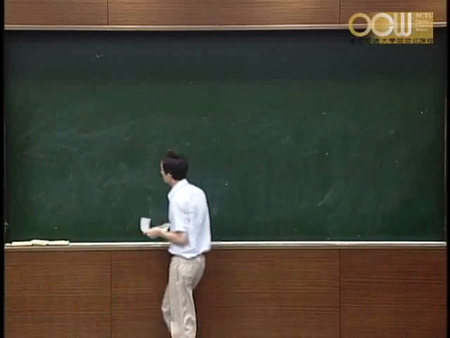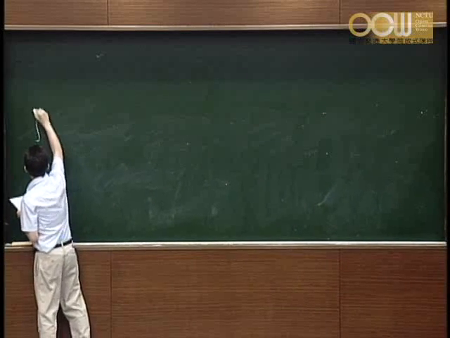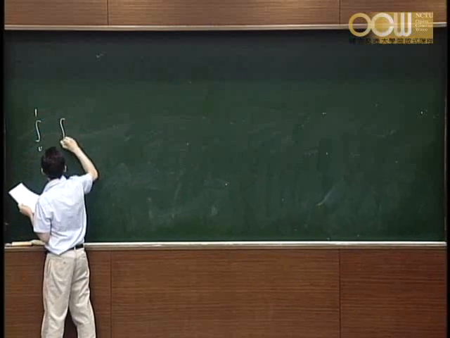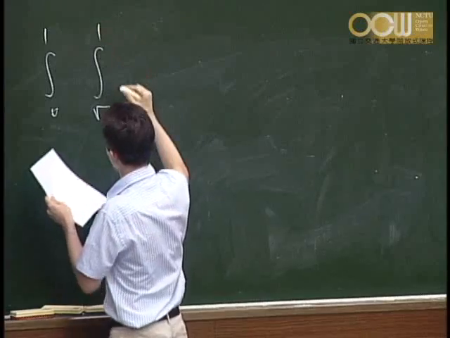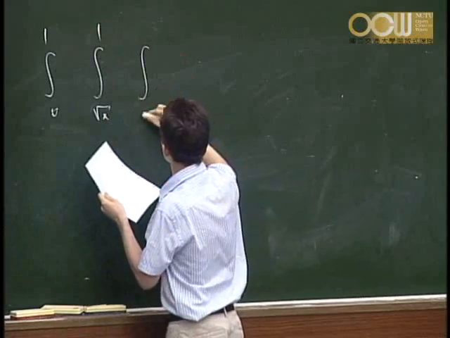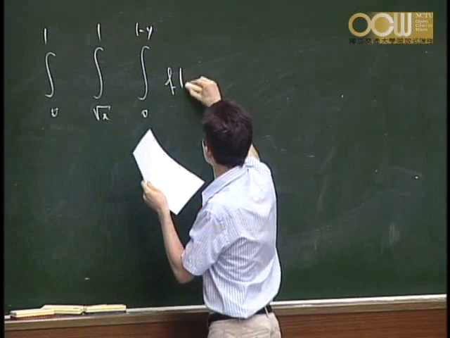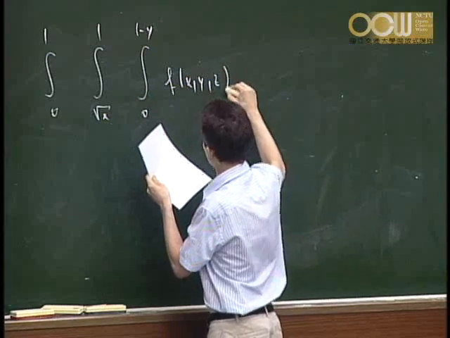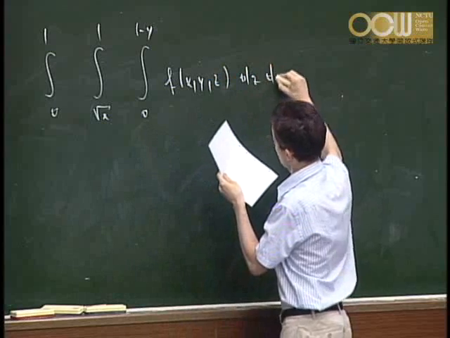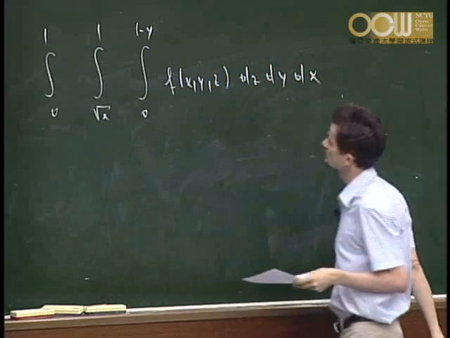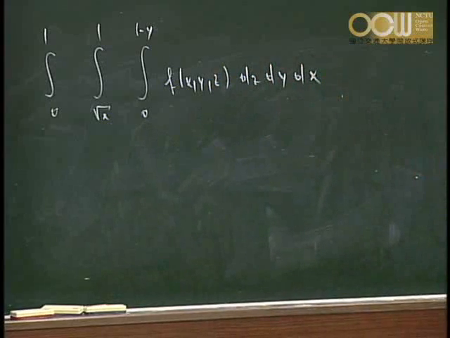Here's one example. Normally, such examples are typically like this: you have given, for instance, this iterated integral of f of x, y, z, dz, dy, dx. And you should change the order of integration, okay?